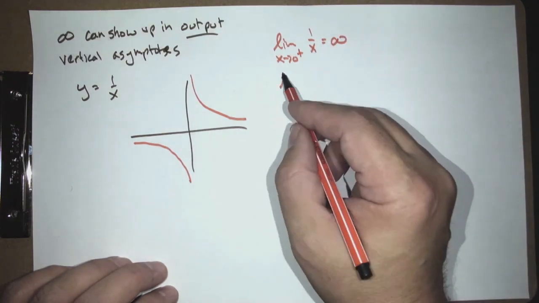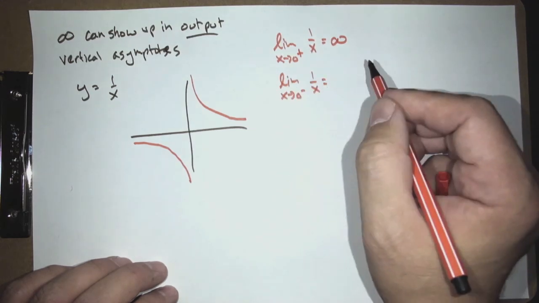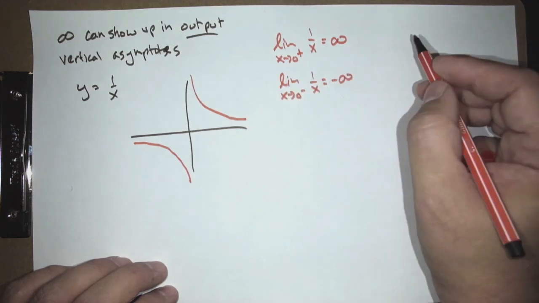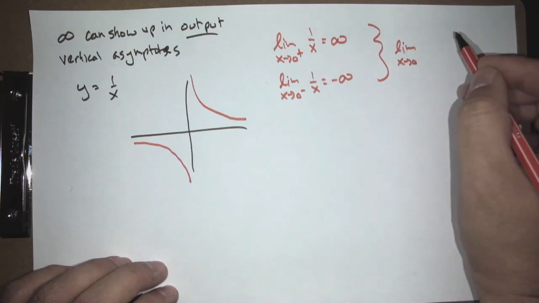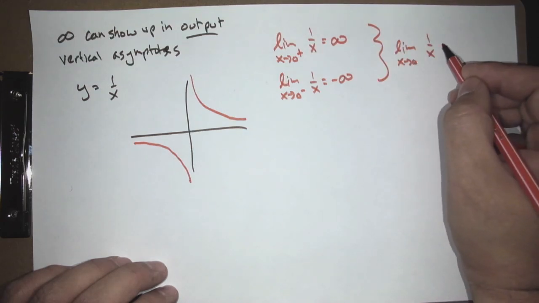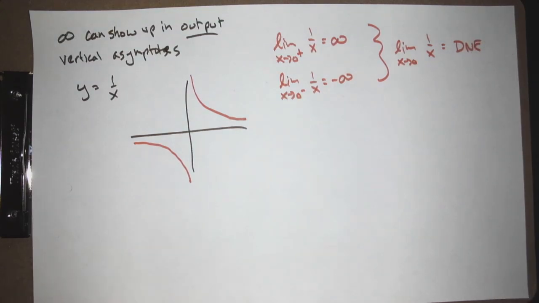Infinity. What's the limit as x approaches 0 from below of 1 over x? Negative infinity. What's the limit as x approaches just 0 of 1 over x? Does not exist, because they have different situations.